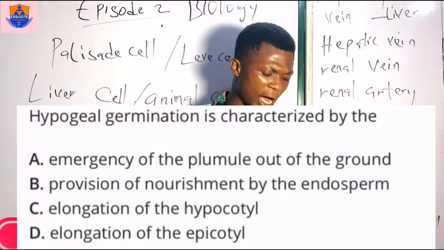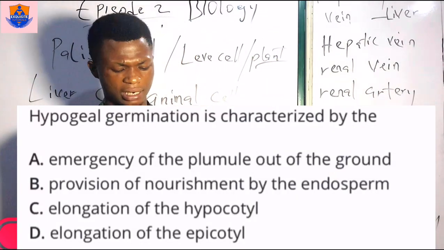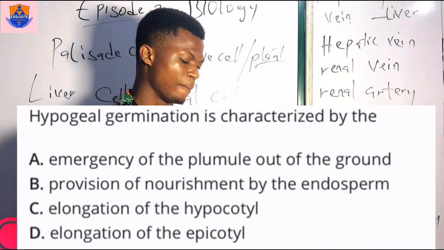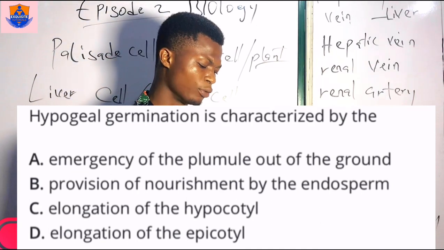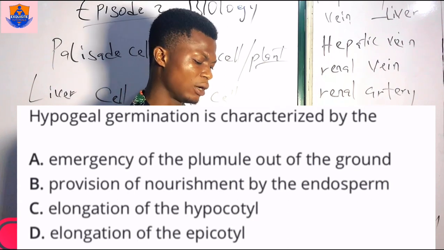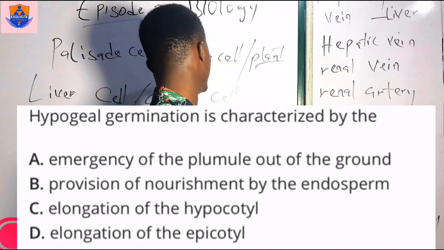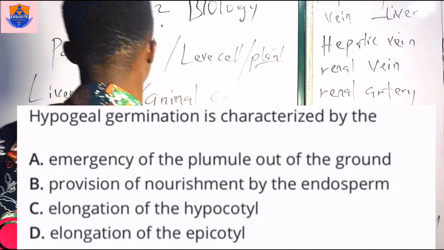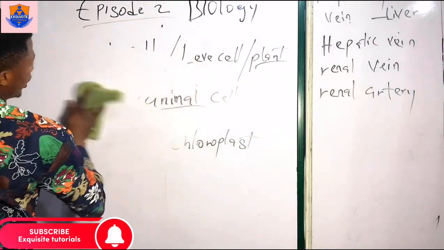Question 9. Hypogeal germination is characterized by: A, emergence of plumule out of the ground; B, provision of nourishment for endosperm; C, elongation of hypocotyl; D, elongation of epicotyl. Let's wipe here.